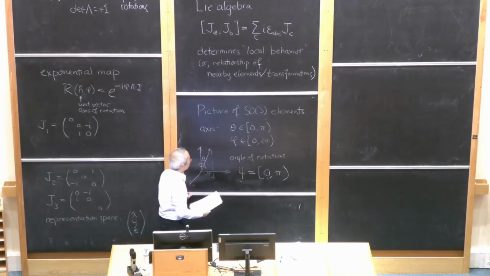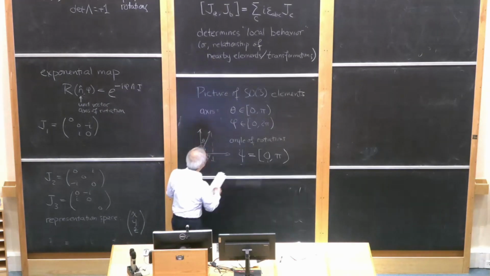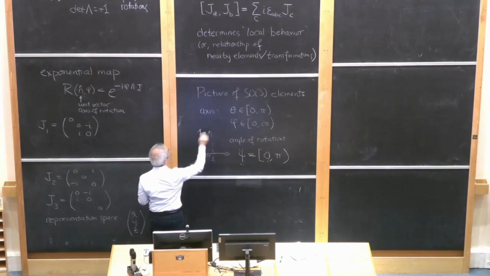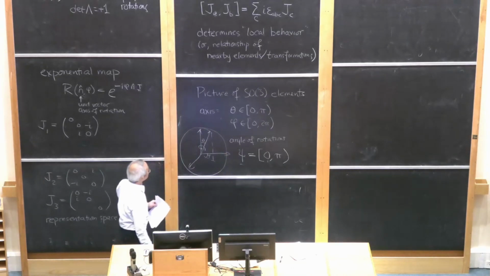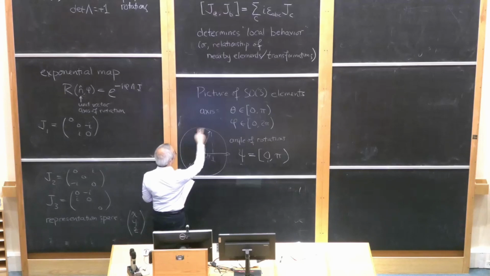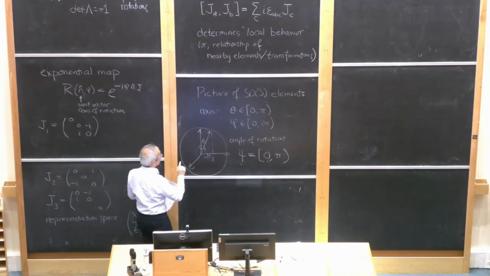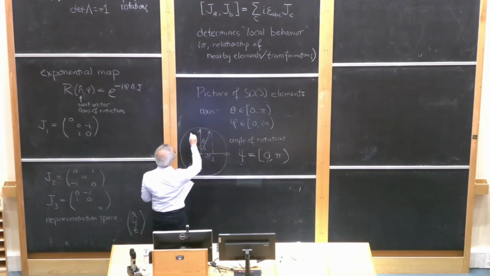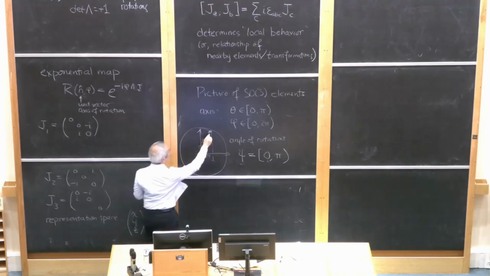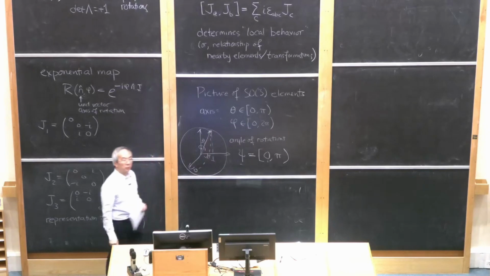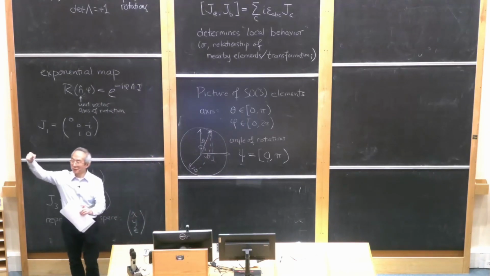And so the space of parameters for SO3 exists within this kind of solid sphere, but with the caveat that if you have a point on one end of the sphere, it's actually equivalent to the opposite point on the sphere.